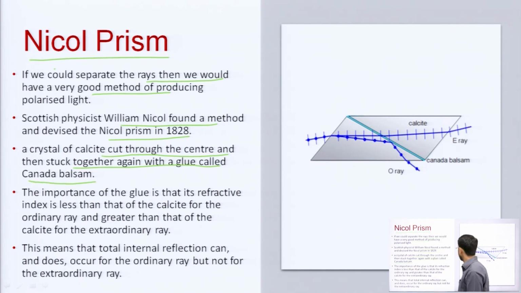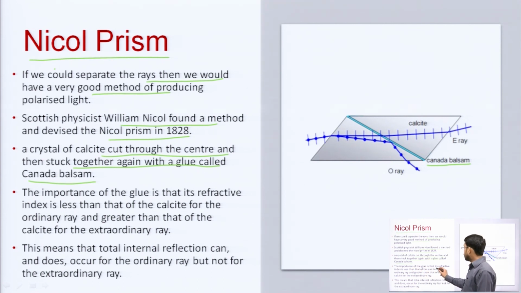Canada balsam. So, over here, this is a whole calcite crystal, it is cut along this axis and pasted again using the glue Canada balsam. What is the importance of this glue? Why this specific glue?